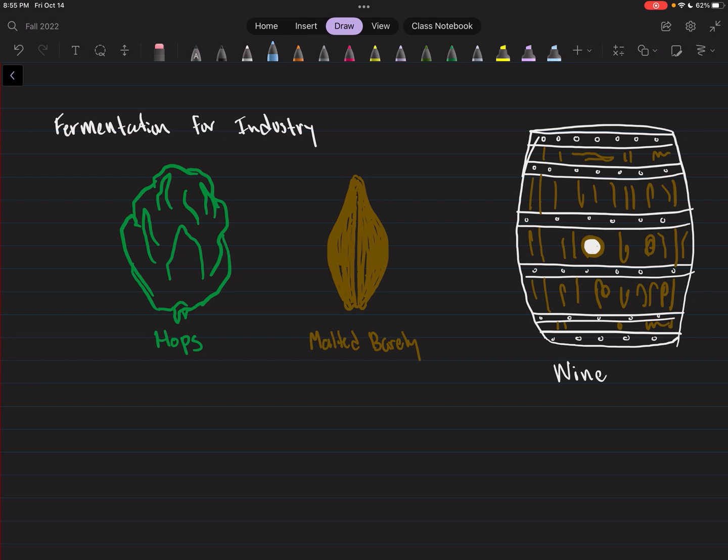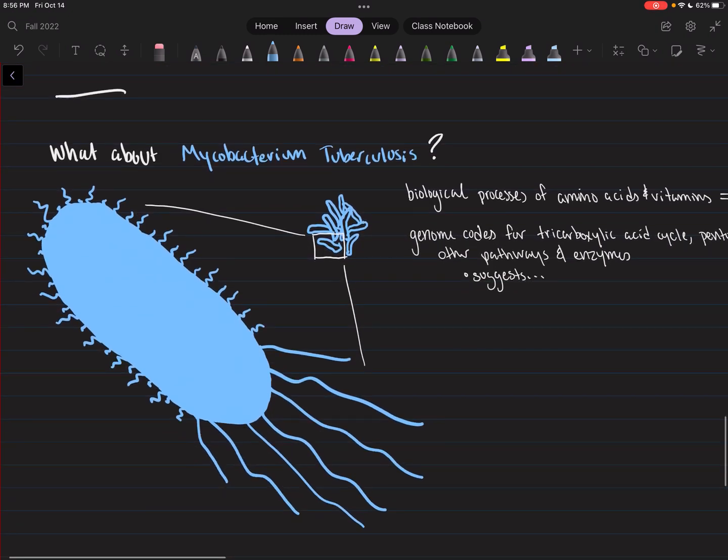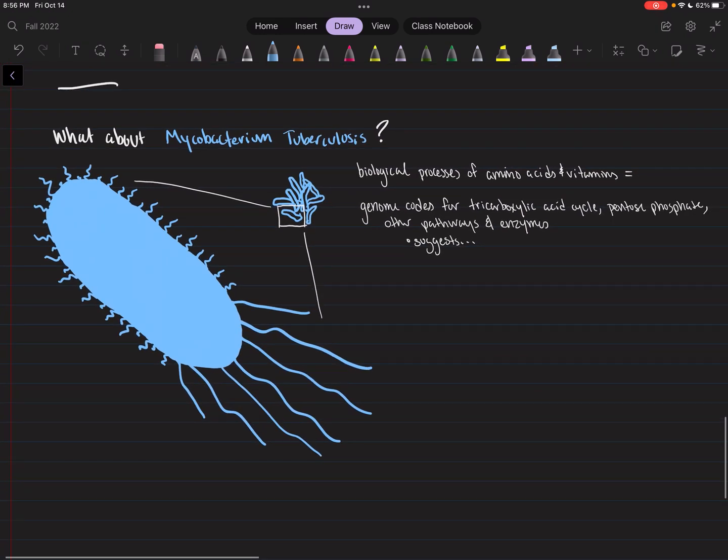But what about something dangerous to us, like Mycobacterium tuberculosis, that is the infective agent of tuberculosis? Well, it is actually found to be possible to switch its metabolic methods between anaerobic and aerobic.